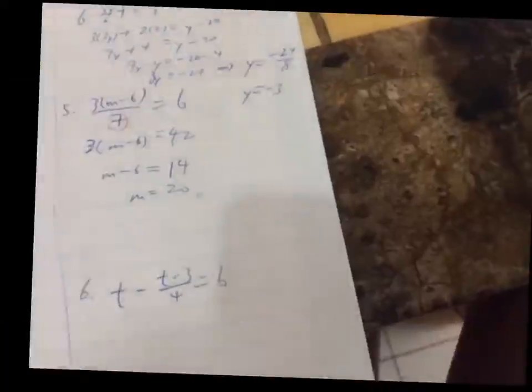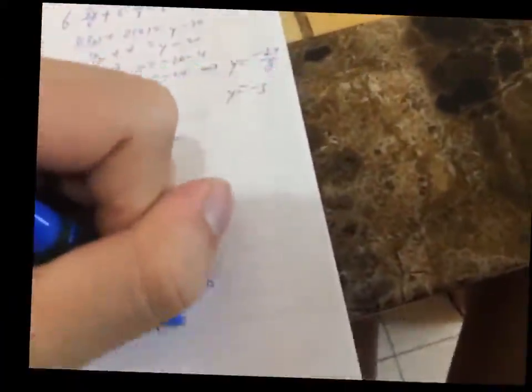Okay, for this one, you can multiply 4. Okay, this one denominator is 1. This one actually is t over 1. This one is 6 over 1, but I don't write it out. You can multiply 4 to every term. So it will be 4 and then cancel out, it will be t minus 3.